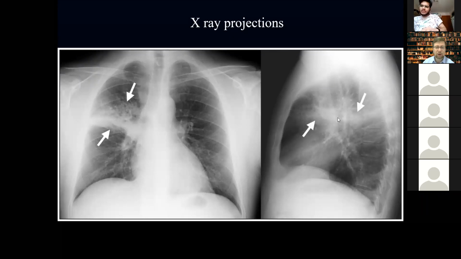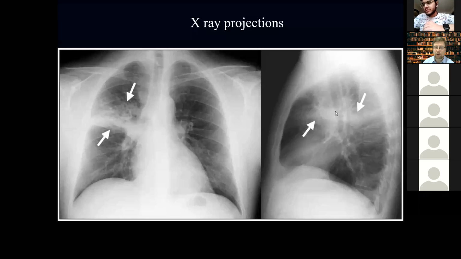In two projections it is possible to assess the level, size, and spread of the pathological finding. If we use only one projection, it will be impossible to tell in which segments of the right lung the pathological lesion is concentrated. In two projections, it is possible to say.